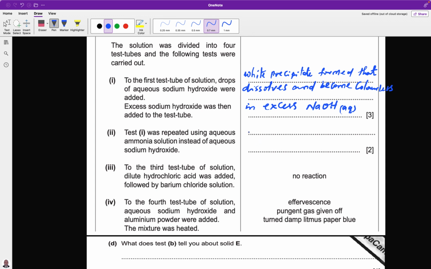We'll have a white precipitate formed and insoluble in excess ammonia.